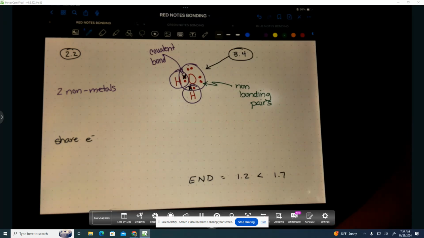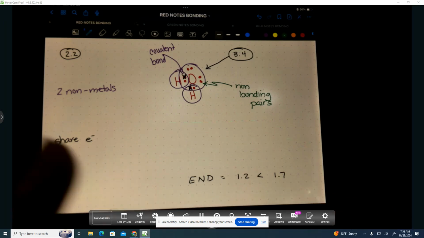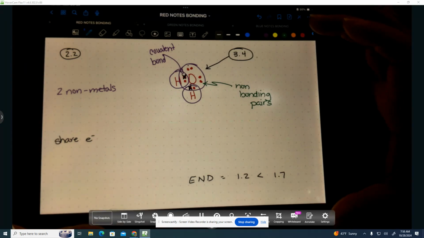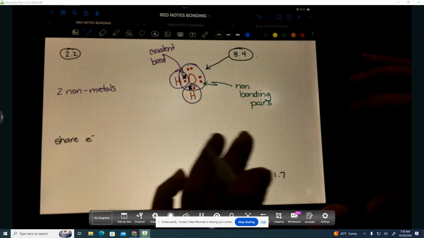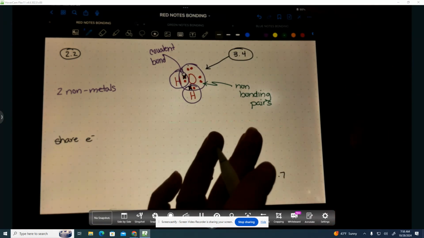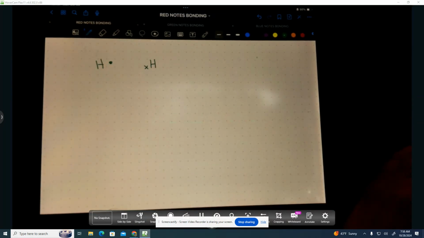Okay? Now, there's lots of different types of covalent bonds, but this is the crux of it. Okay? If I wanted to make a bond between, let's say, hydrogen and hydrogen, this is the simplest covalent bond there is.